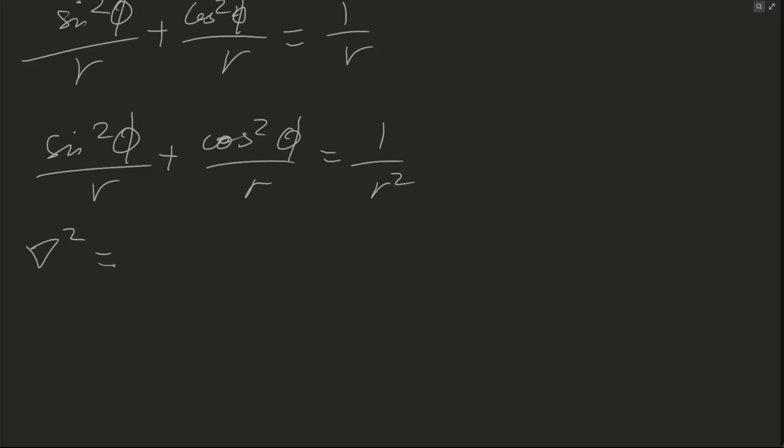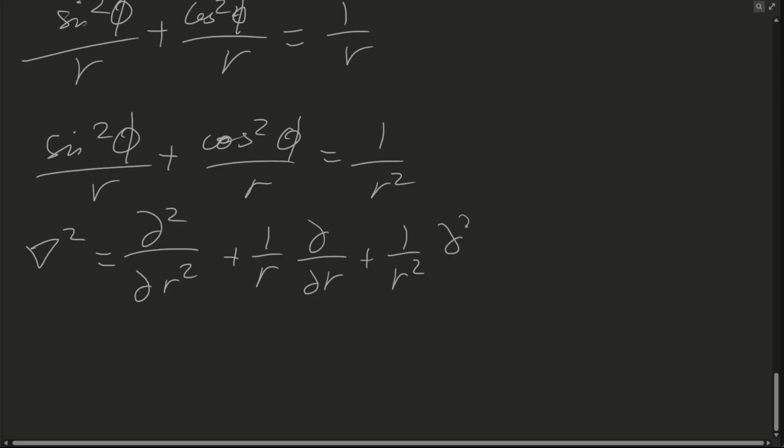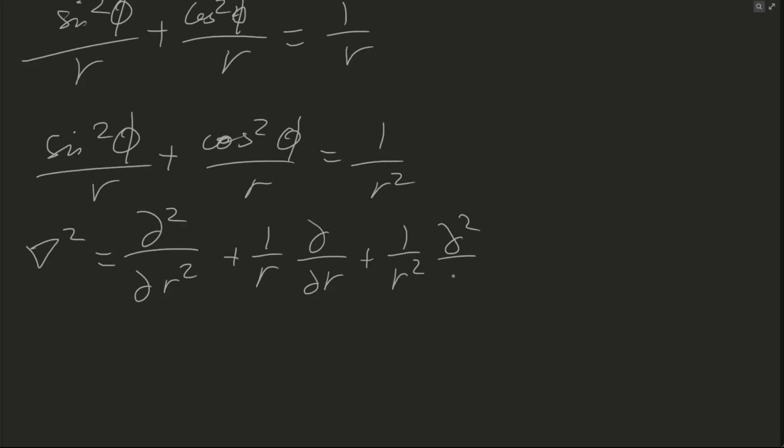The Laplacian in cylindrical coordinates is the second partial with respect to r, plus 1 over r, partial r, plus 1 over r squared, second derivative with respect to phi, plus the second derivative with respect to z.